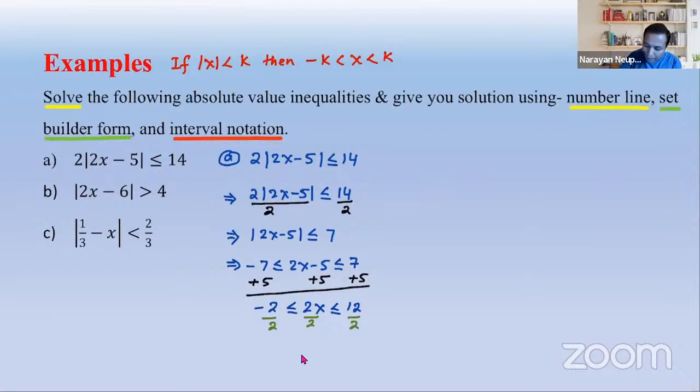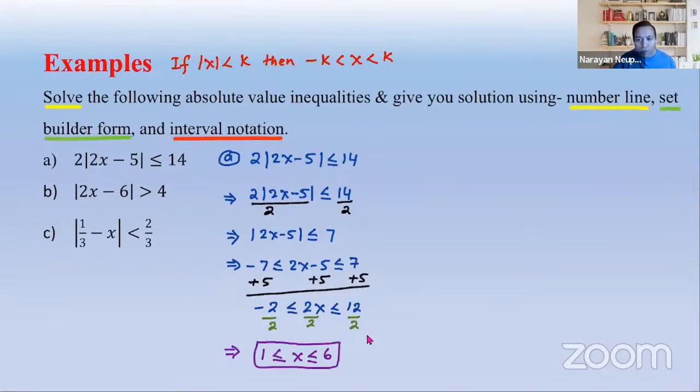So the final result will be, negative 2 divided by 2 is negative 1. Negative 1 is less than or equal to x, because 2x divided by 2 is x, less than or equal to 12 divided by 2, which is 6. So that is the solution.